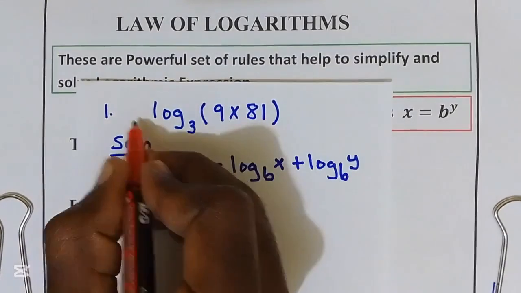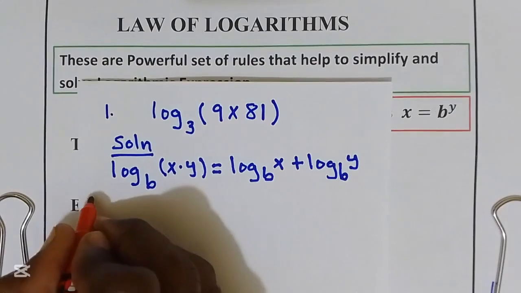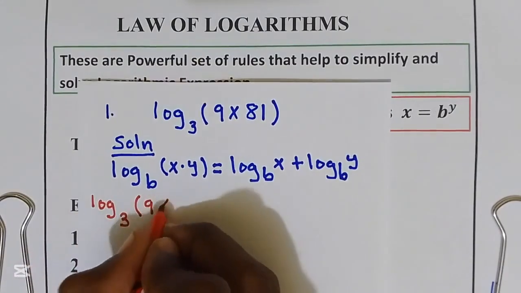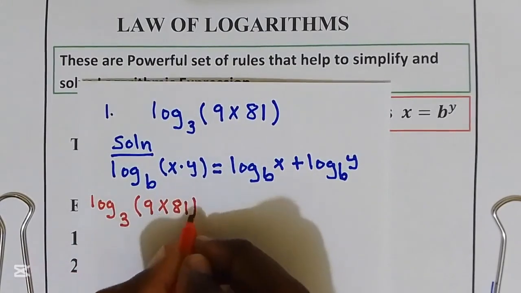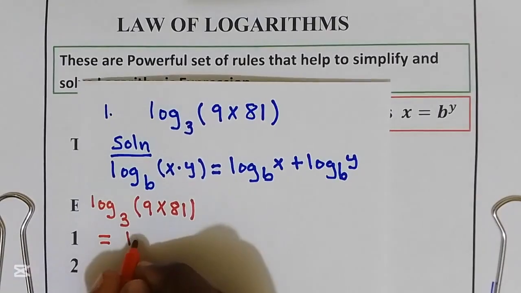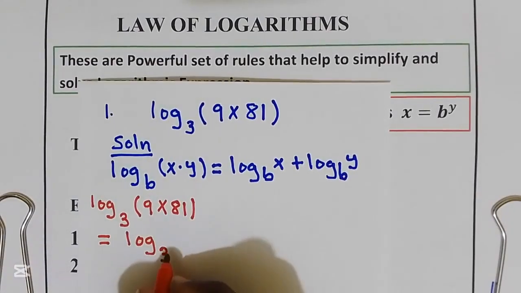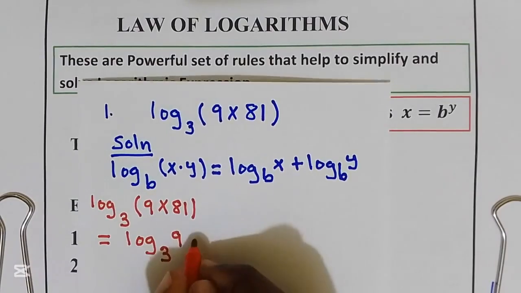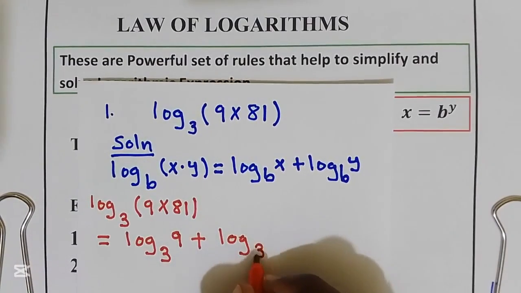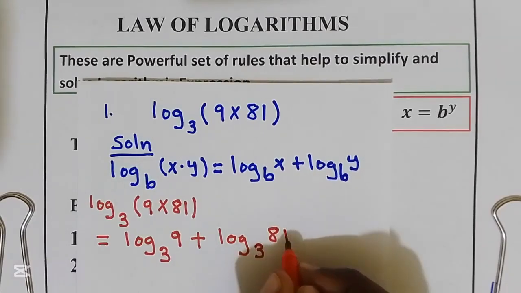From the given question, this is going to be log base 3 of 9 multiplied by 81. Using product rule, this is going to be log base 3 of 9 plus log base 3 of 81.